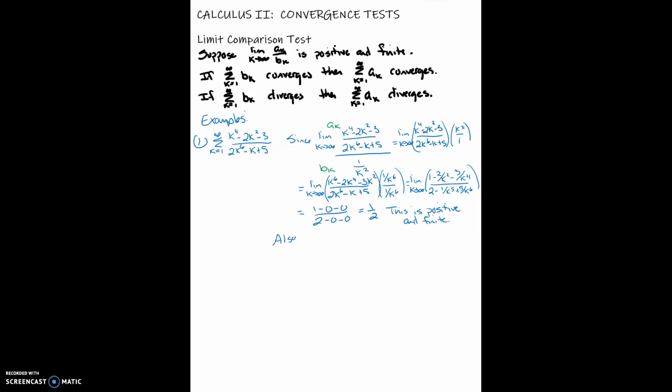The other thing we need to look at is the series of b sub k's. So the sum as k goes from 1 to infinity of 1 over k squared.